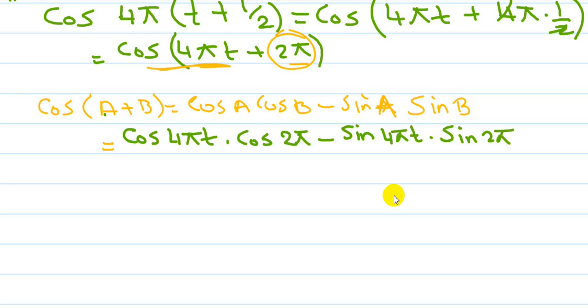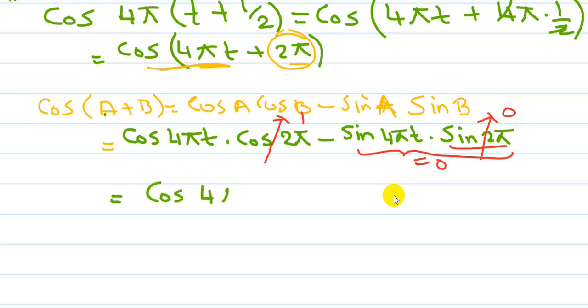Now it's quite straightforward. Sine 2 pi is 0, so this whole term will be equal to 0. Cosine 2 pi is equal to 1, so multiplying this by 1 will give me cosine of 4 pi t here.